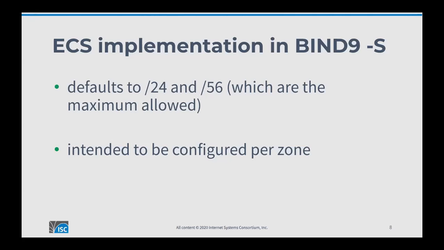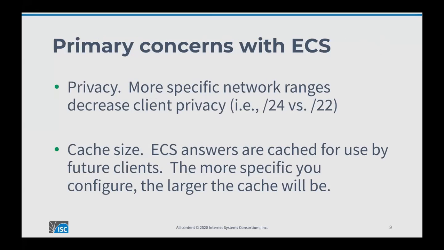Again, this goes back to the privacy issues. This isn't a thing where we want to turn on ECS for all queries that are leaving our recursive server. We want to do this on a tailored basis in cases where we're willing to trade off some of the privacy issues for a much more robust user experience, particularly as it pertains to content. And I'll get into some of this more on this slide.